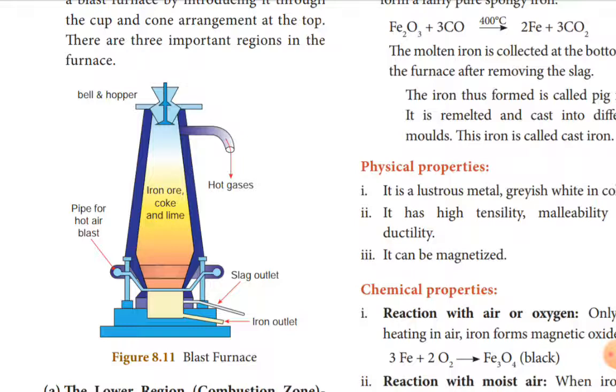The top of the blast furnace consists of a cup and cone arrangement, called the bell and hopper, a cone-shaped device used to send the mixture in a uniform, steady manner, slowly into the chamber.